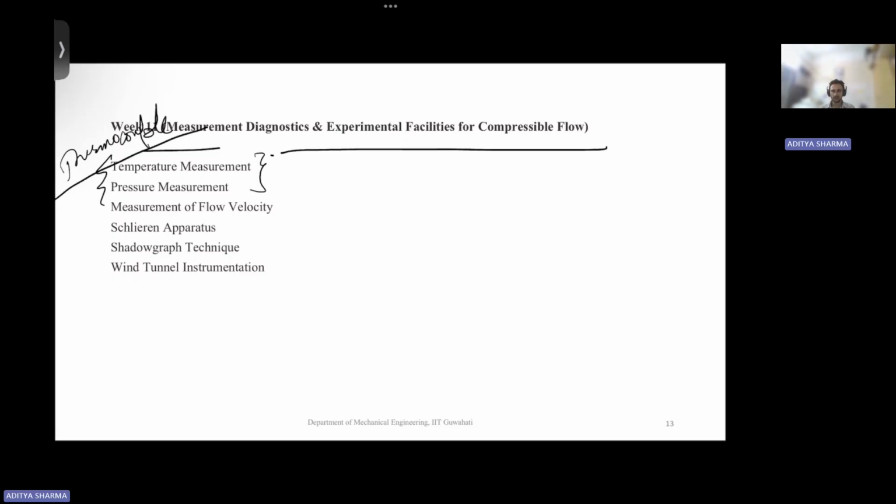And then for measurement of flow velocity, from your pitot static tube you can get flow velocity for your subsonic flows, because you have total pressure and static pressure, and from there you can get the dynamic pressure.